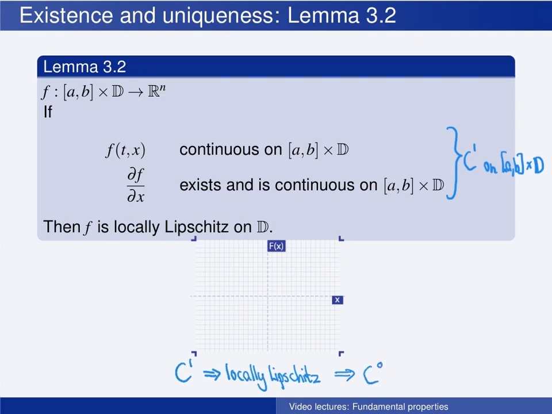So the local Lipschitz property lies between continuity and continuous differentiability. It is easy to think that if a function is continuous, then it's also locally Lipschitz, but the example that we considered earlier demonstrates that this is not true. The cube root is continuous, but it's not locally Lipschitz. So continuity is not sufficient, but continuous differentiability is.